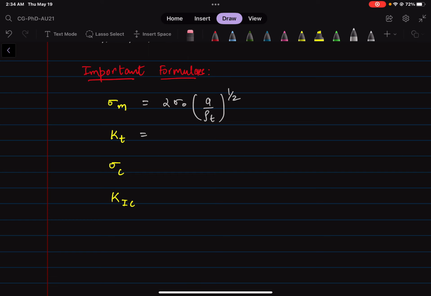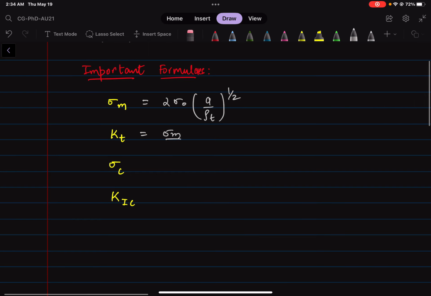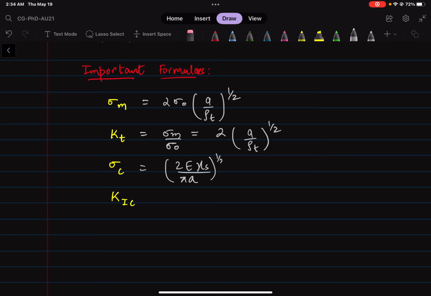The kt is equal to sigma m over sigma naught, which will be simply 2 times rho a over rho subscript t to the power half. Sigma c is equal to 2e gamma s divided by pi a to the power half, and then the k1c is equal to y sigma c root of pi a.